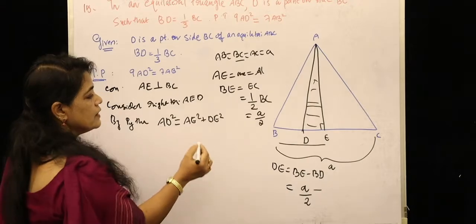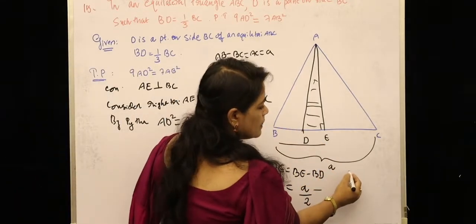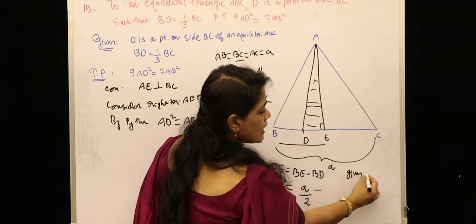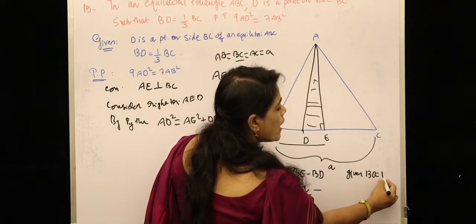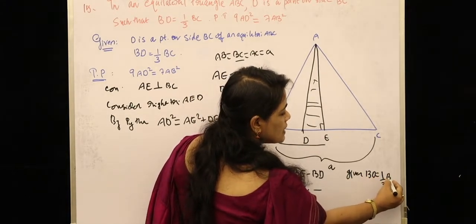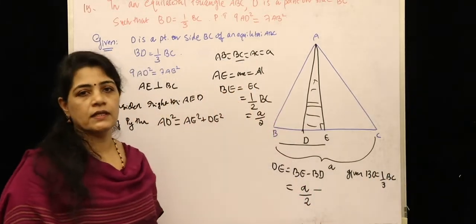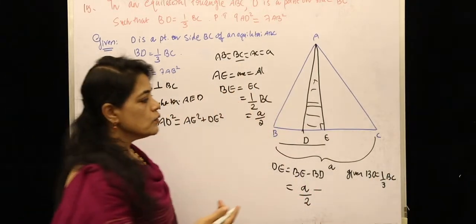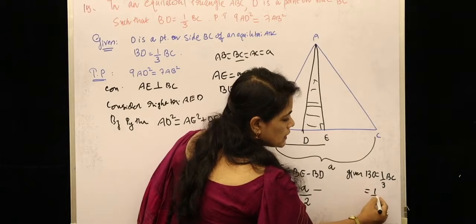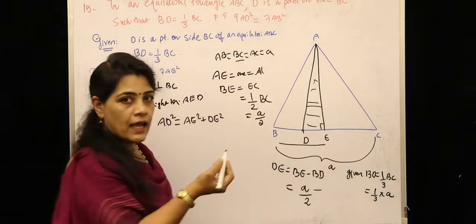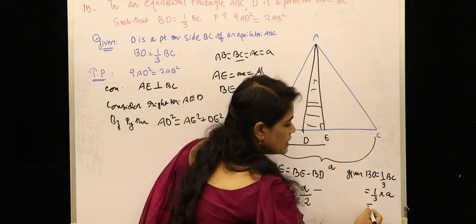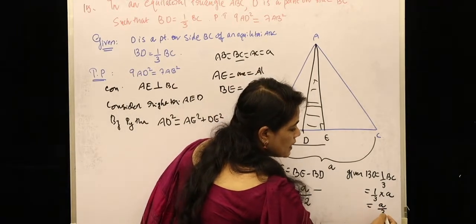It is given here that BD equals 1/3 of BC. BC is a side, so you can write 1/3 into A, since we have taken BC as A, or you can write this as A by 3.